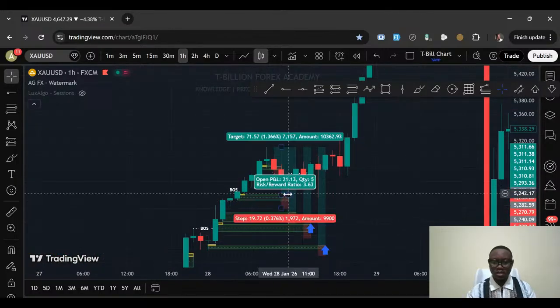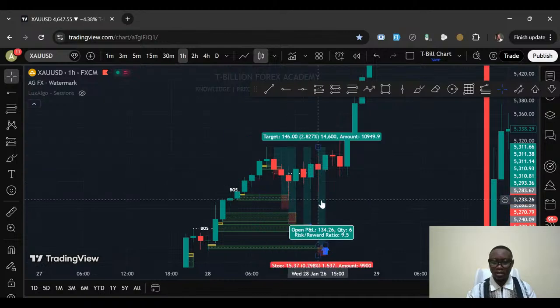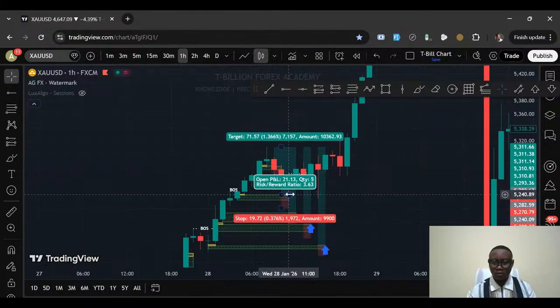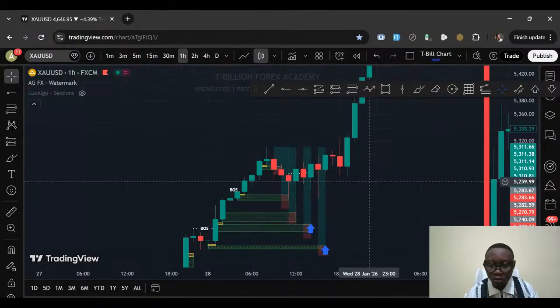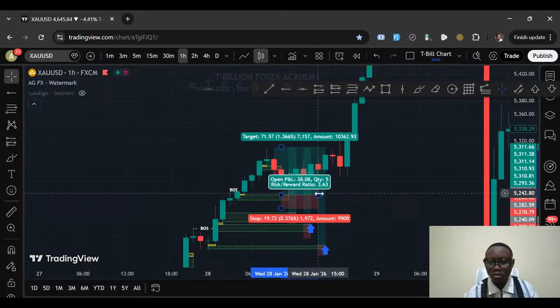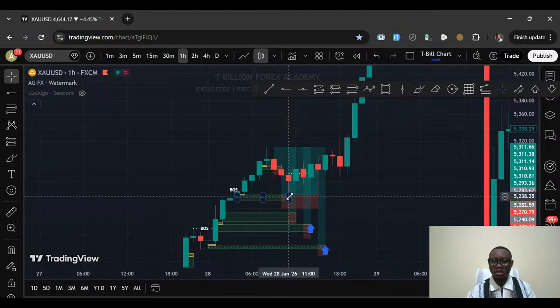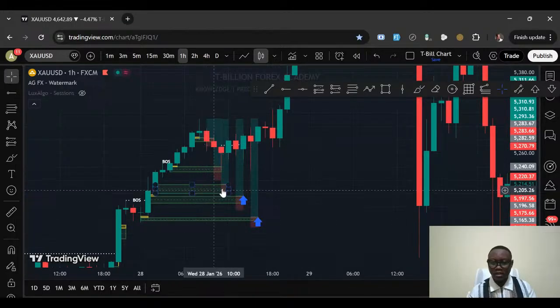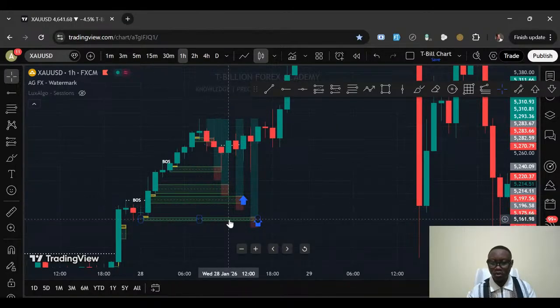Price tapped into this zone, and as you can see, it went straight to our TP. You can see price tapped into this zone and went to hit our take profit. However, other zones like this failed.